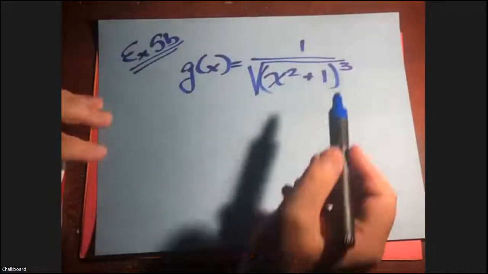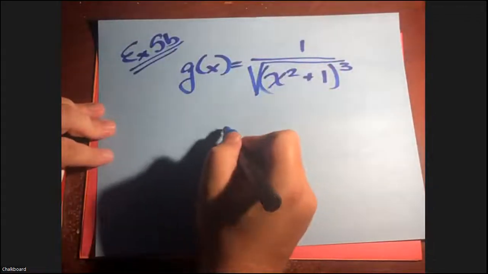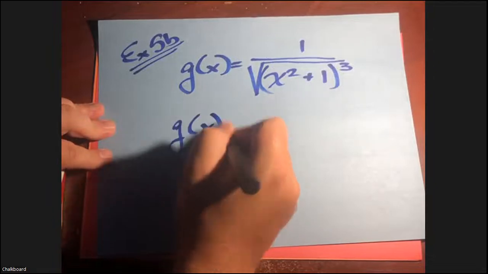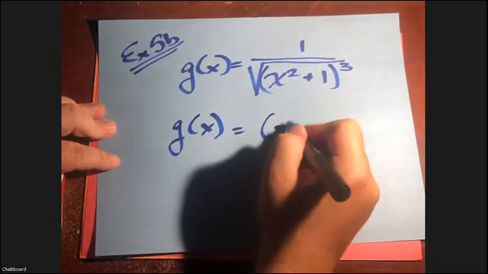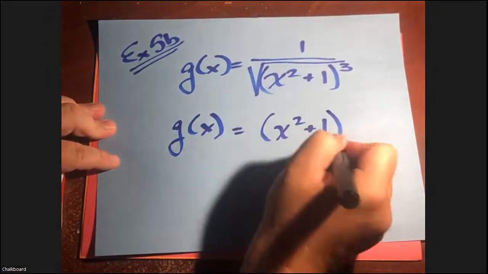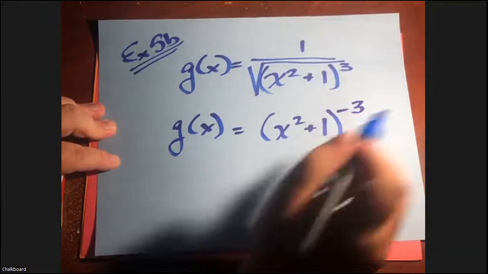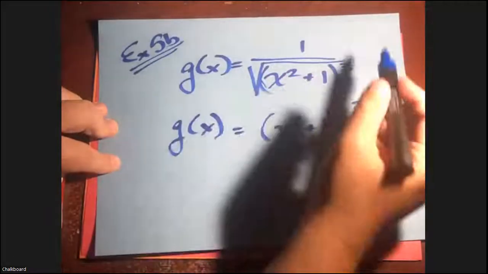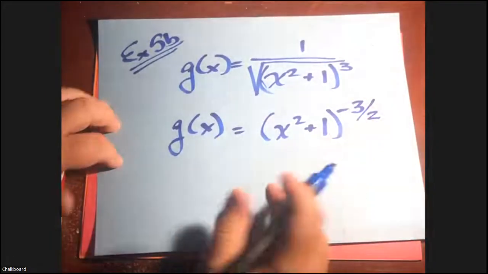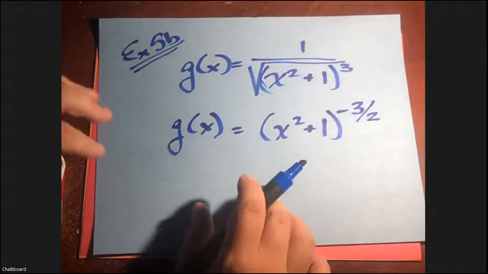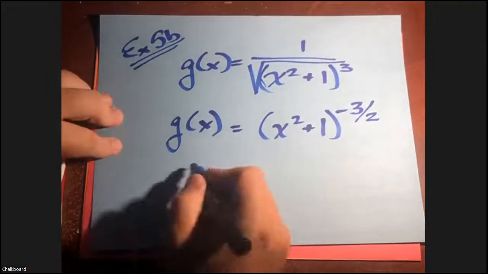Okay. So this is negative, so I can make it, of course, first x squared plus 1 to the -3, right? But there's a root there. That root is like a half, so it's -3/2. So now you could apply the chain rule and pretend the cloud is x squared plus 1.